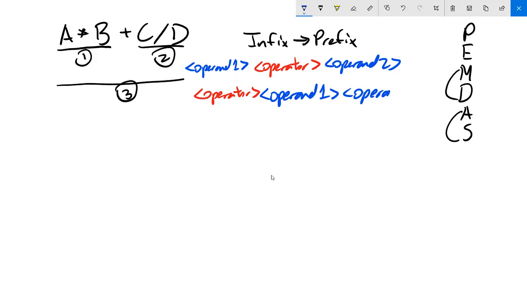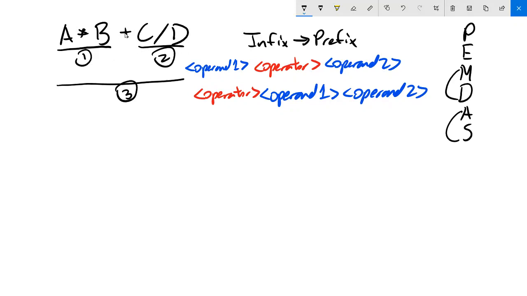So from the top one to the bottom one. So let's consider each step. So the very first step, again, what would normally happen in this problem? The multiplication and division would be performed first, and then the addition would happen.